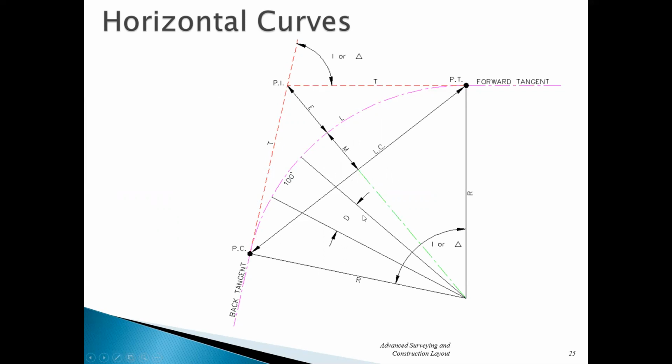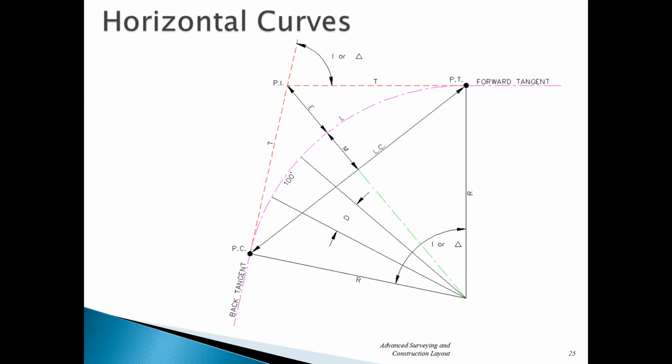Degree of curve here, usually denoted D sub C, is saying that it's 100 feet up here for a highway on the arc, okay? Also, I want you to notice if this angle up here is delta, this angle down here is also delta, okay?